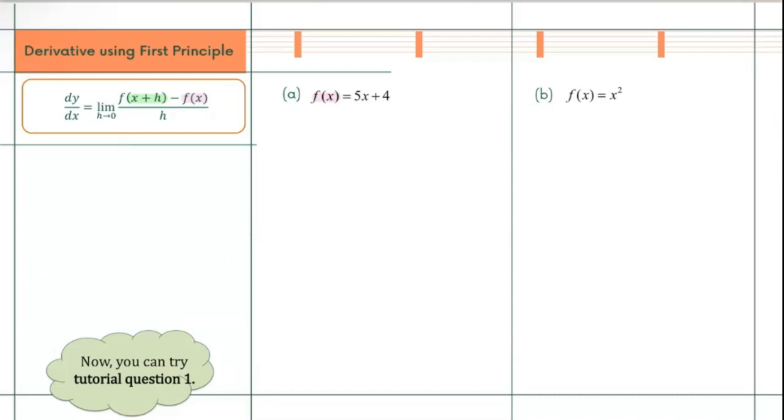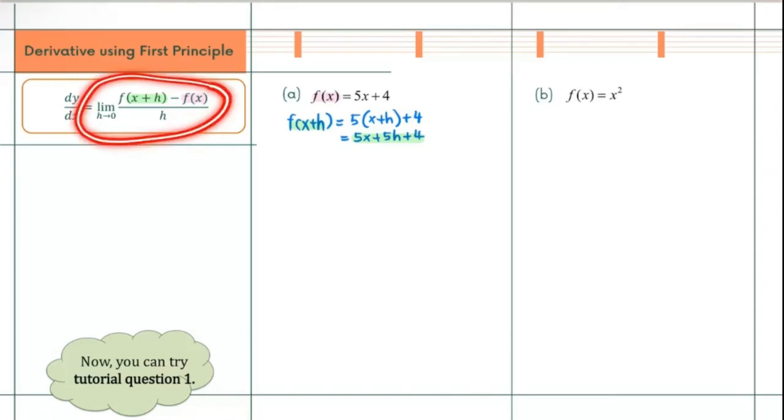Okay, so my f of x plus h here will be equals to 5, x tu gantikan dengan x plus h plus 4. Okay, so bila saya expand, I get 5x plus 5h plus 4. So this will be my f of x plus h yang saya akan masukkan dalam this formula later.